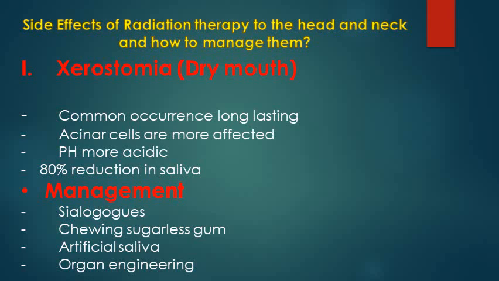By using sialogogues like pilocarpine tablets, which stimulate the surviving acinar cells to produce more saliva. Also by chewing sugarless gum, using artificial saliva, and always drinking a lot of sips of water, and by organ engineering, in which they change the mucus-secreting cells into acinar cells by injecting a water channel gene inside these cells.